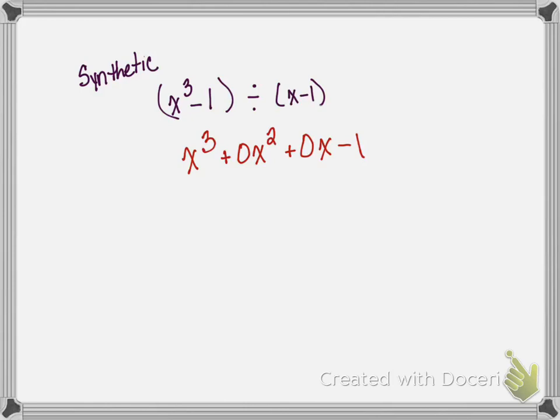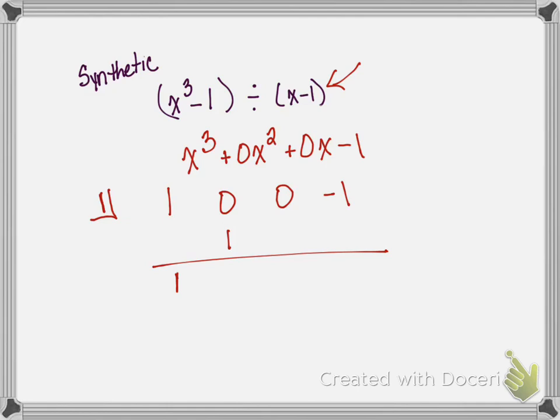Okay? So I can use synthetic division. If this is my factor, what goes in my box? Positive 1. Then I have a coefficient of 1, 0, 0, and negative 1. I've got a whole bunch of 1s here. I am going to bring this 1 straight down. 1 times 1 is 1.